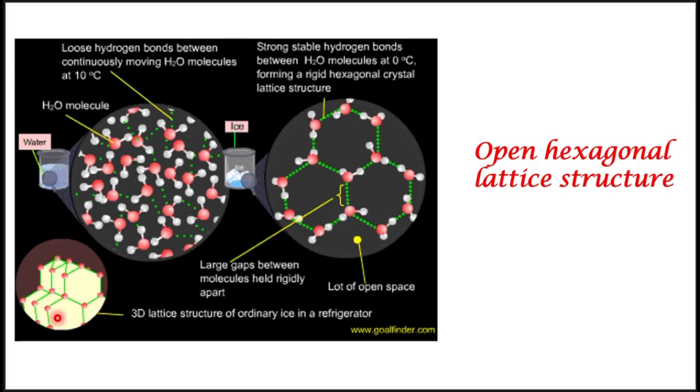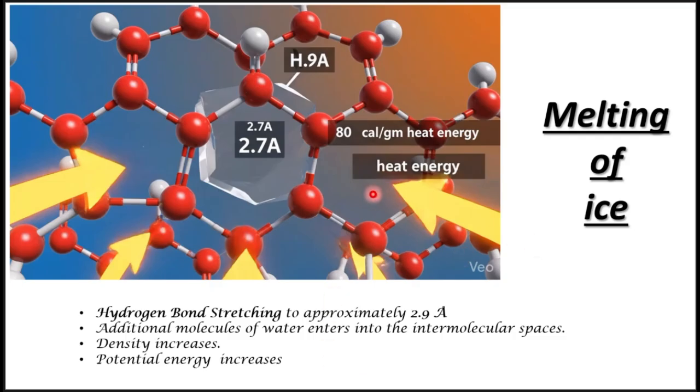So it is a 3D lattice structure of ordinary ice in the refrigerator. So when comparing water and ice, ice will have a rigid structure. So we can see the melting of ice.